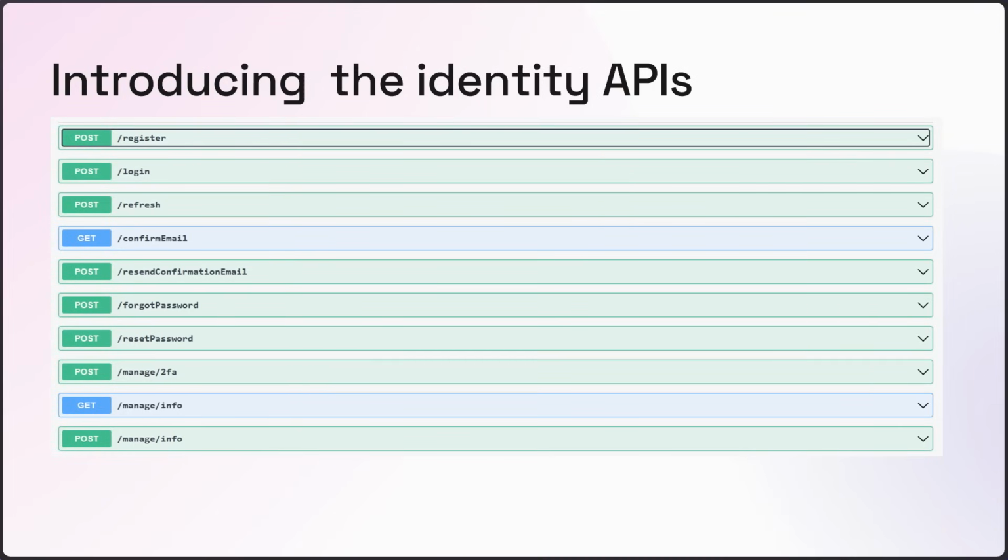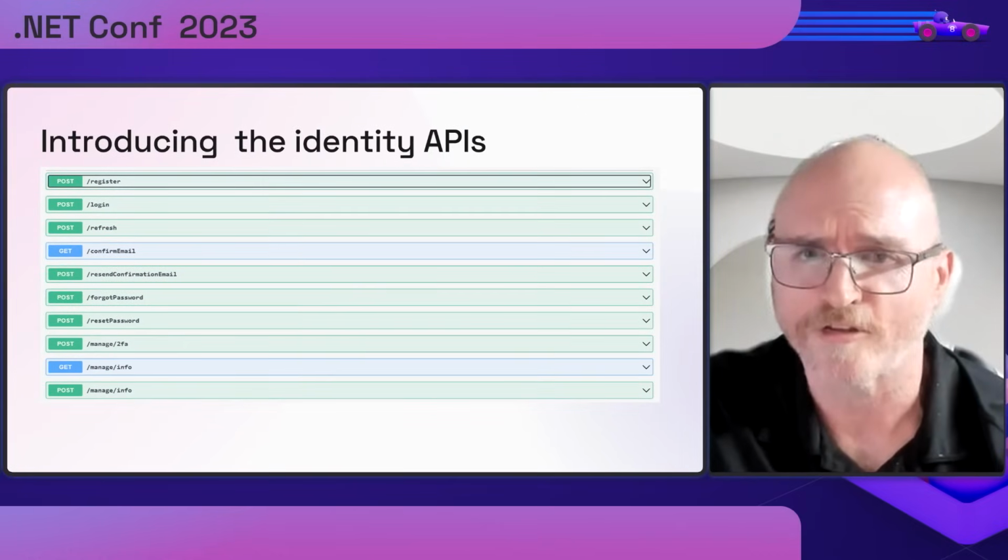of identity APIs. And these APIs are designed out of the box with data transfer objects to make it straightforward for you to build those identity pieces in your single page applications and Blazor WebAssembly applications that require a user to register and log in and perform those basic identity tasks. Now, the full identity system is still there and available on the server side.